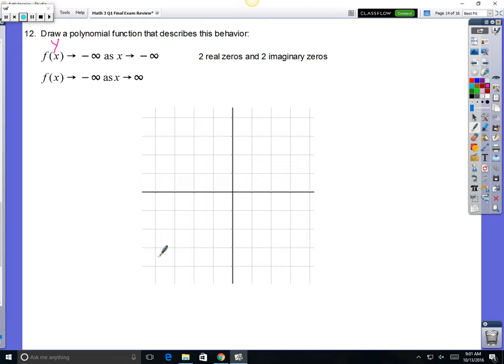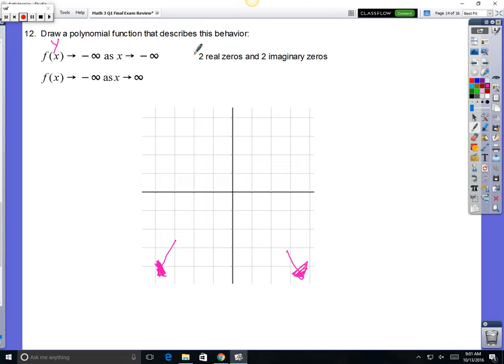So your arrow's got to end up something like this. It's got to be going down and left. Okay, and the y goes down as the x goes right. So your other arrow has got to be down as the x goes to the right.